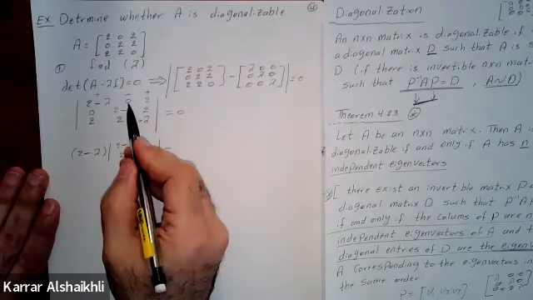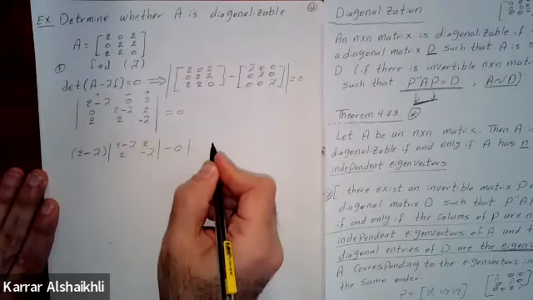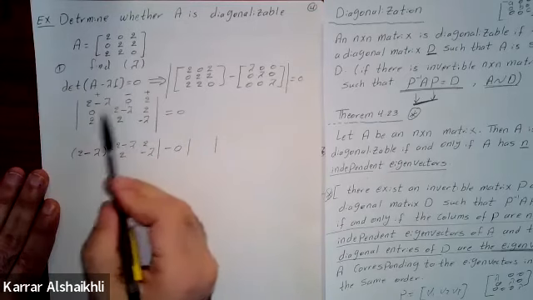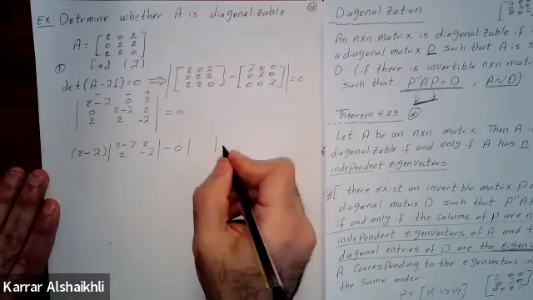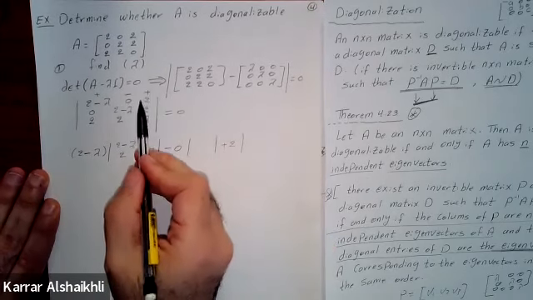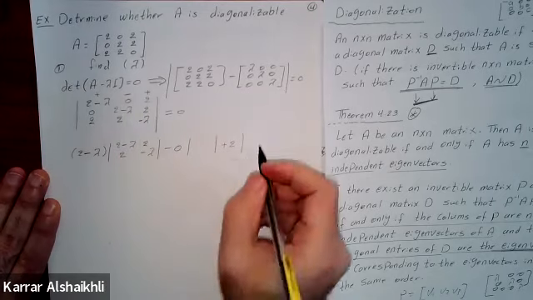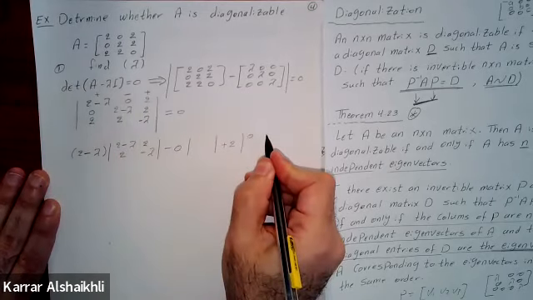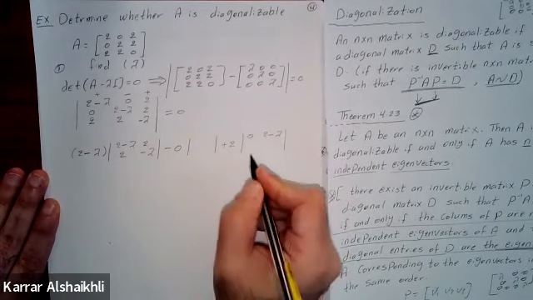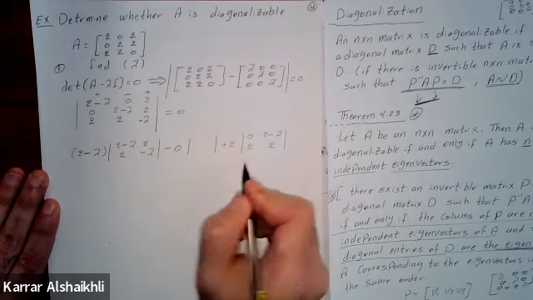Minus, this is 0. That means we're not going to care about everything inside, because the second number is 0, so they cancel everything. Plus 2, cancel this whole column, so it's going to be 0, 2 minus lambda, and 2, 2.